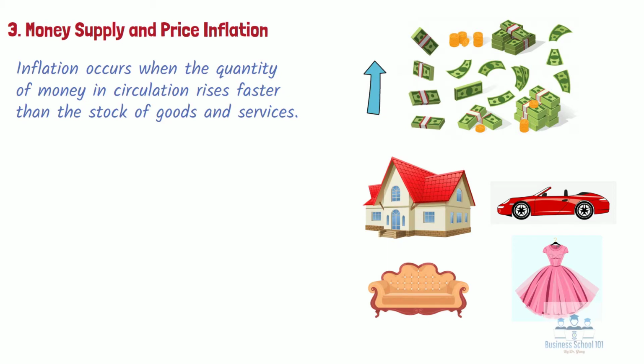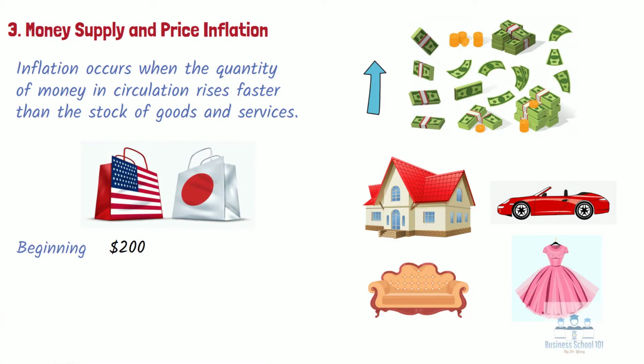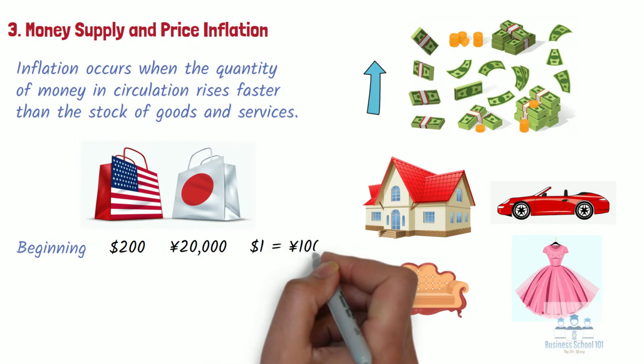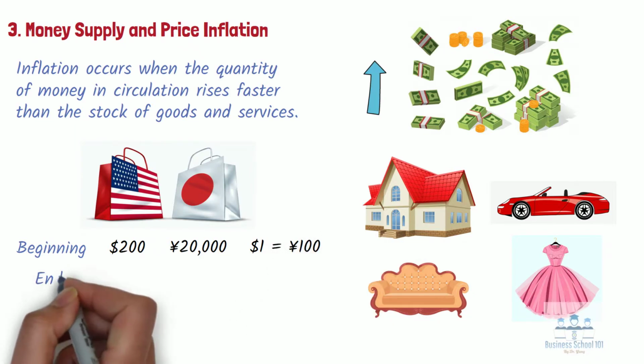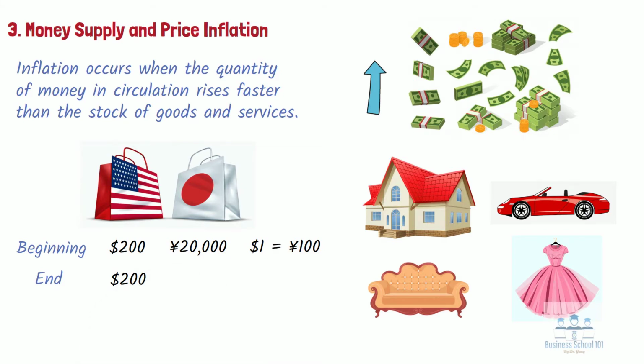For example, imagine at the beginning of the year a basket of goods cost $200 in the United States and 20,000 yen in Japan. According to the PPP theory, the dollar-yen exchange rate should be $1 to 100 yen. At the end of the year, the basket of goods still costs $200 in the United States. However, because of the increasing money supply, it costs 22,000 yen in Japan.